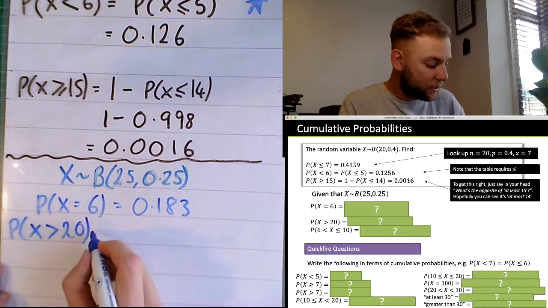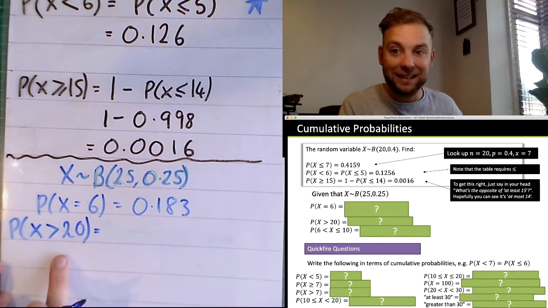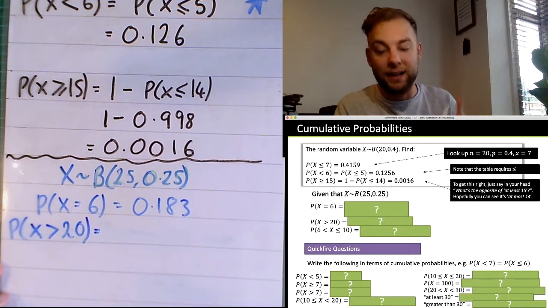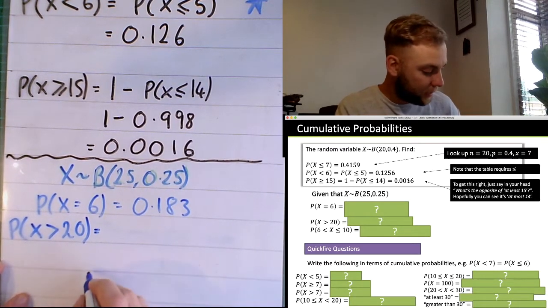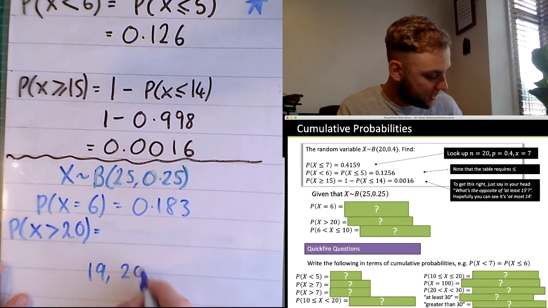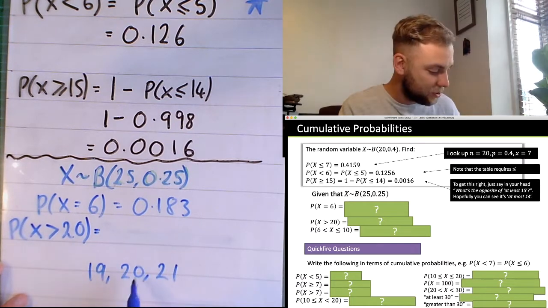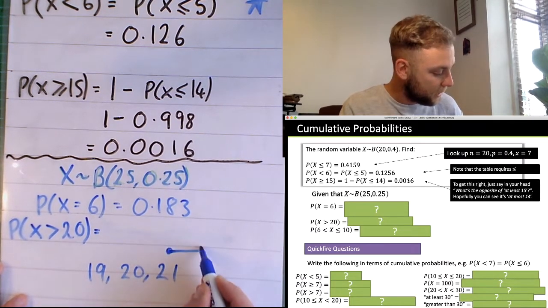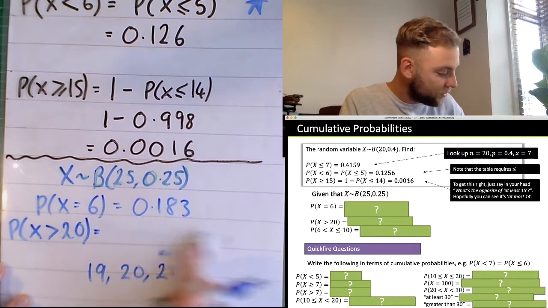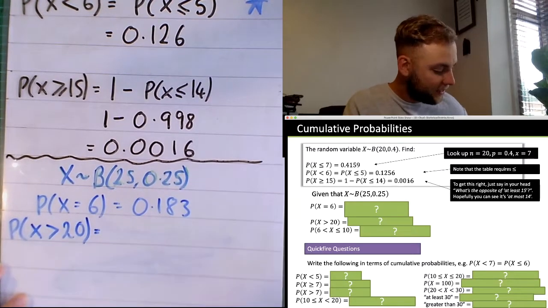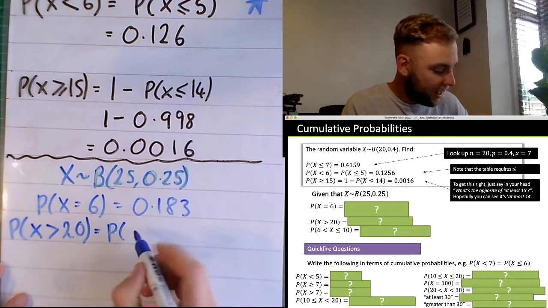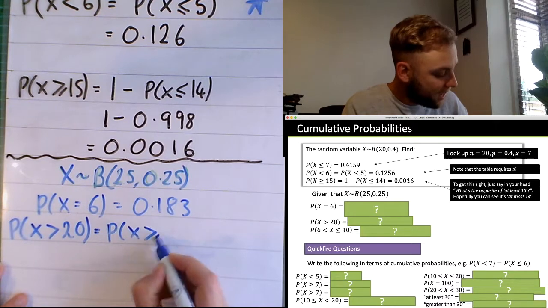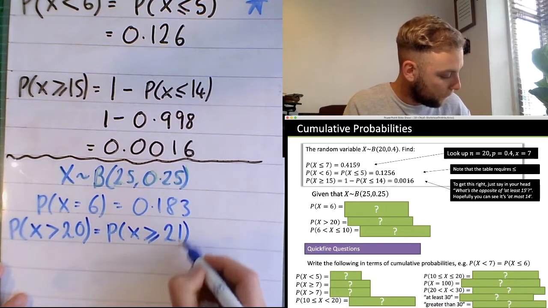So the first thing I'm going to do is change this to a greater than or equal to. If I think about this, I've got 19, 20, 21. If I want everything which is strictly greater than 20, the first place it's going to be is 21. So with discrete data, this is the same as saying x is greater than or equal to 21.